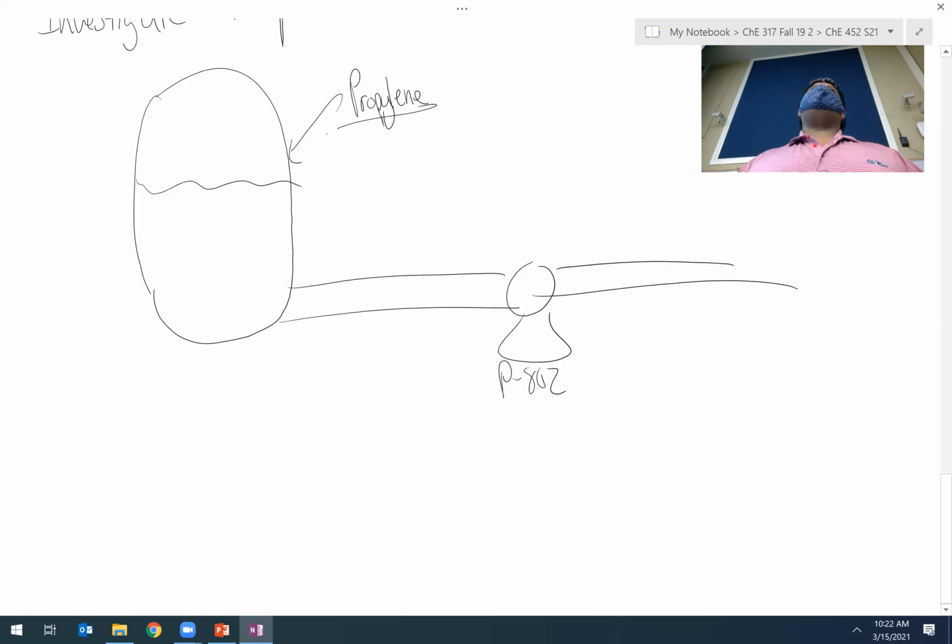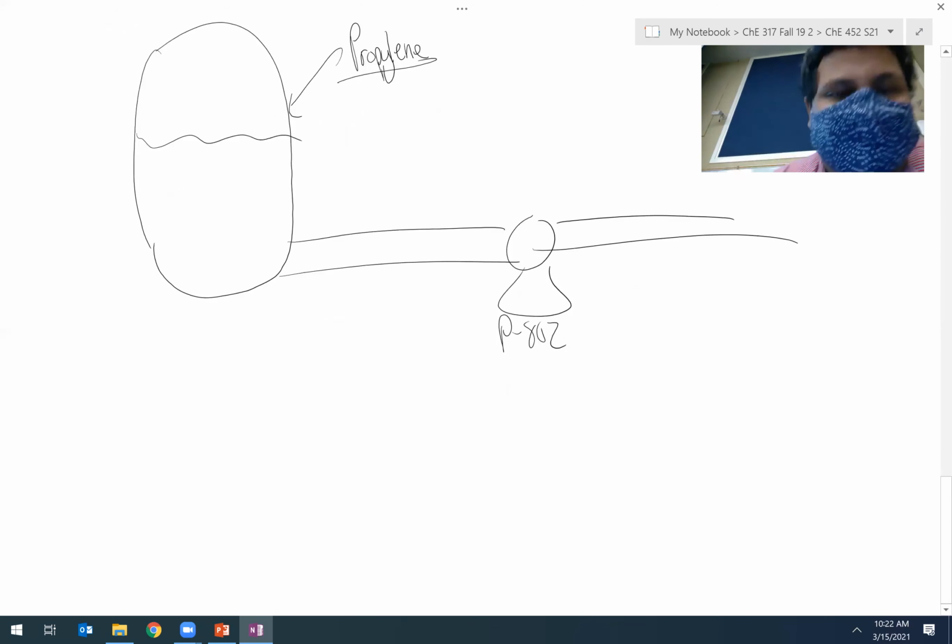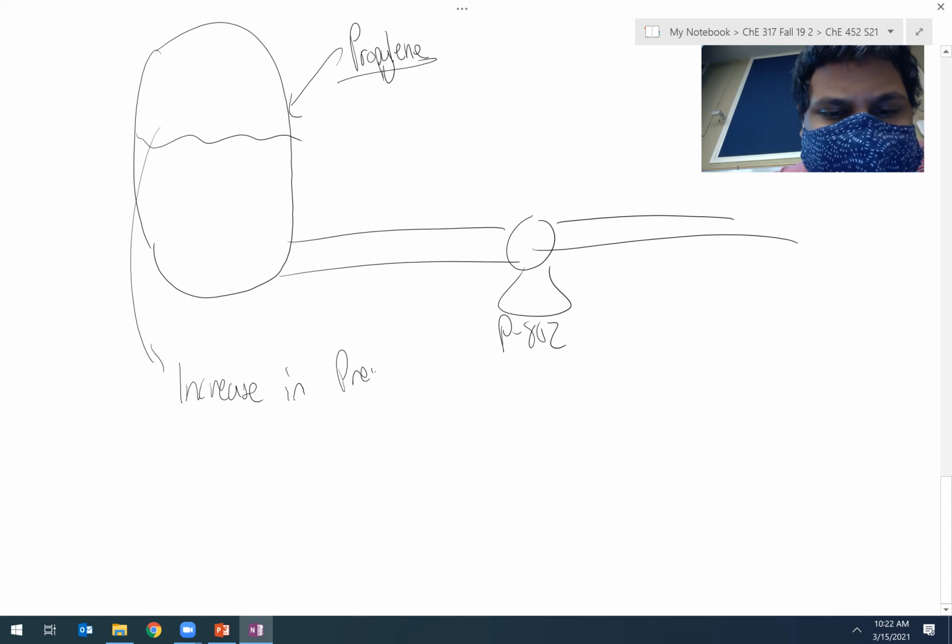All right, so the temperature is going to cause it to vaporize a little bit, right? And so we're going to see an increase in pressure due to more vapor being formed.